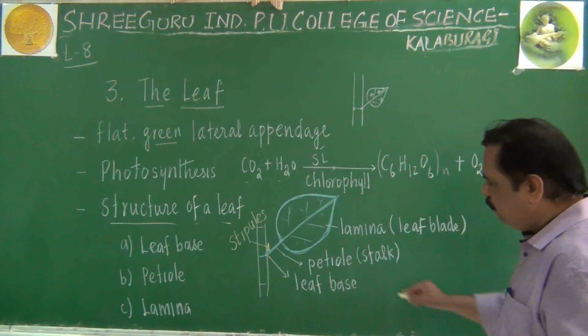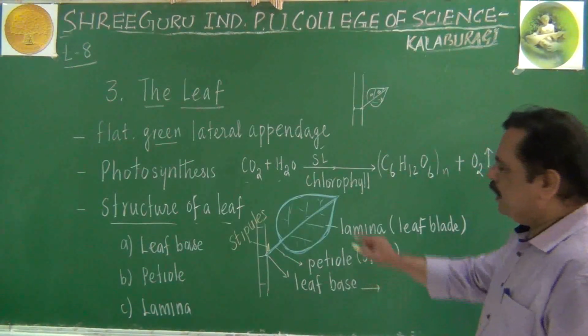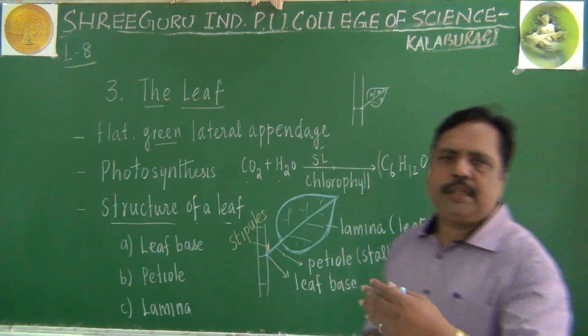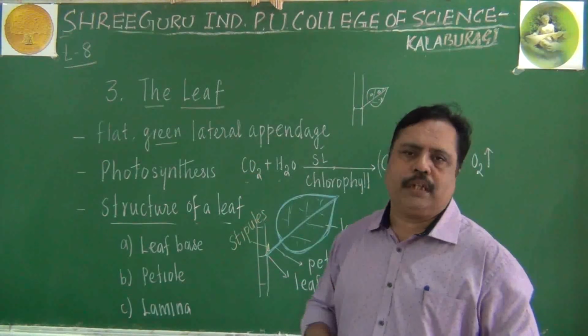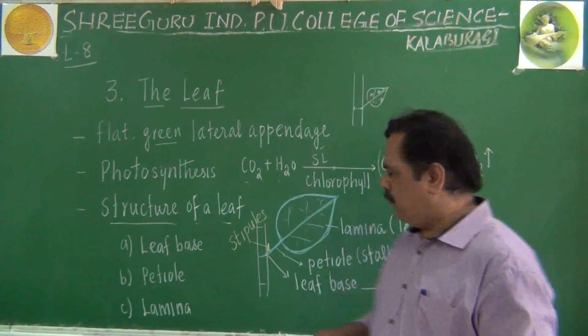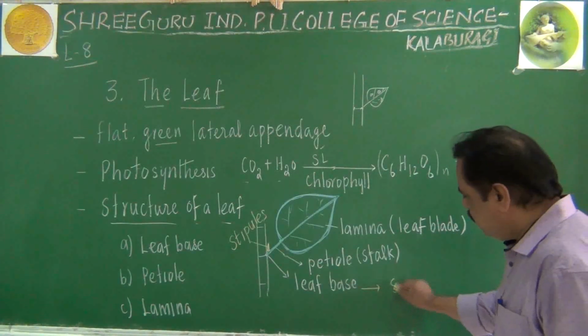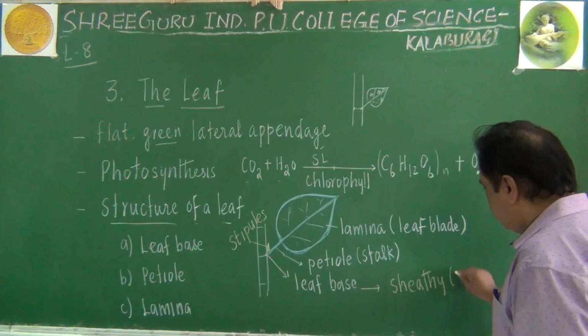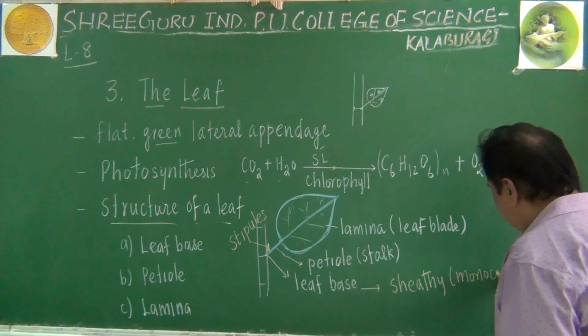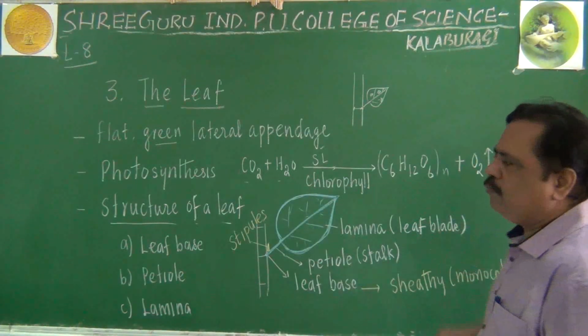As far as the leaf base is concerned, it can be differentiated into many types depending upon the nature of the plant. For example, the leaf base can be sheathy in nature in monocots. Monocots mainly exhibit a sheathy leaf base.